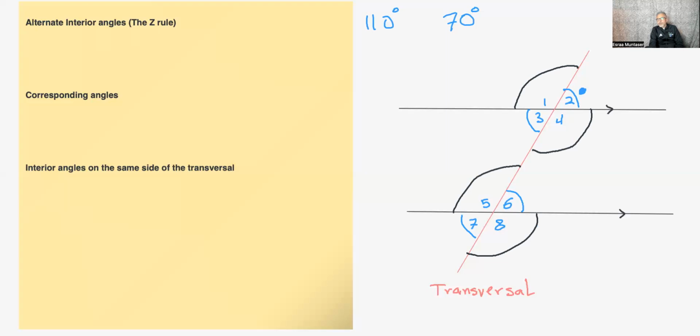Now 2, 3, 6, and 7 are the same, and 1, 4, 5, and 8 are the same. So if 2 is 70 degrees, then 3 will be 70, 6 will be 70, and 7 will be 70. If 1 measures 110, then 4 will be 110, 5 will be 110, and 8 will be 110. Be assured, that's always the case with parallel lines with a transversal going through them.